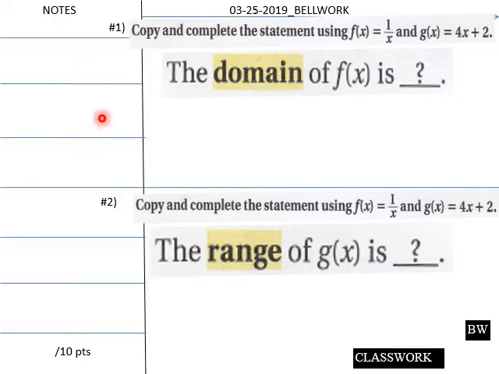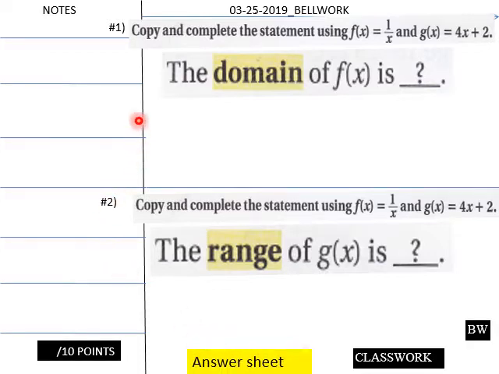Here's your bell work. For students coming in your classroom, teachers, or for homeschoolers, this is your warm-up. 10 points for this. So the range of these g of x here, and then the domain of f of x here.